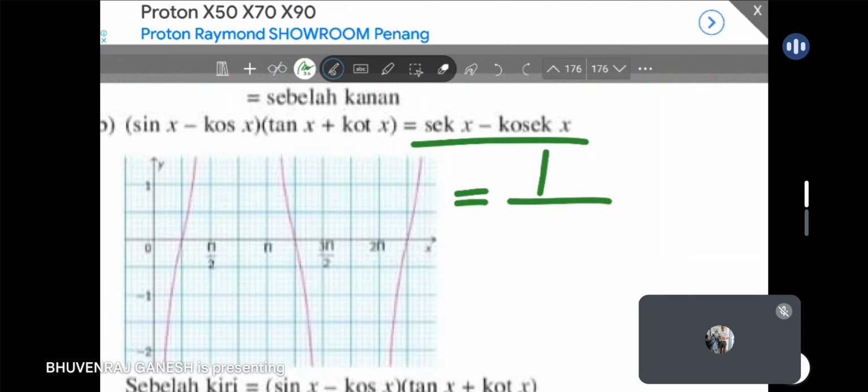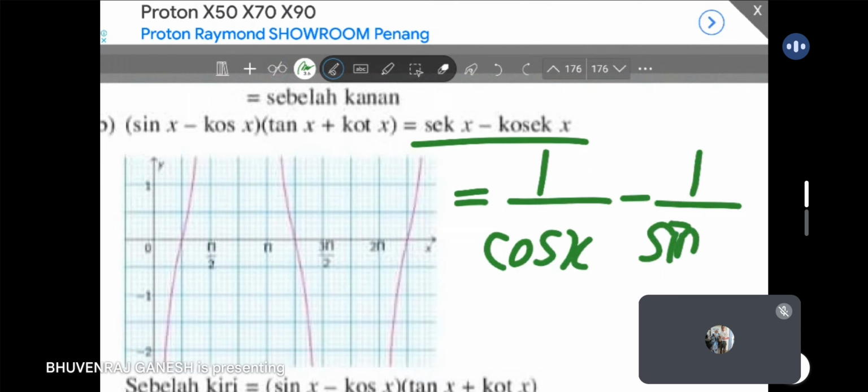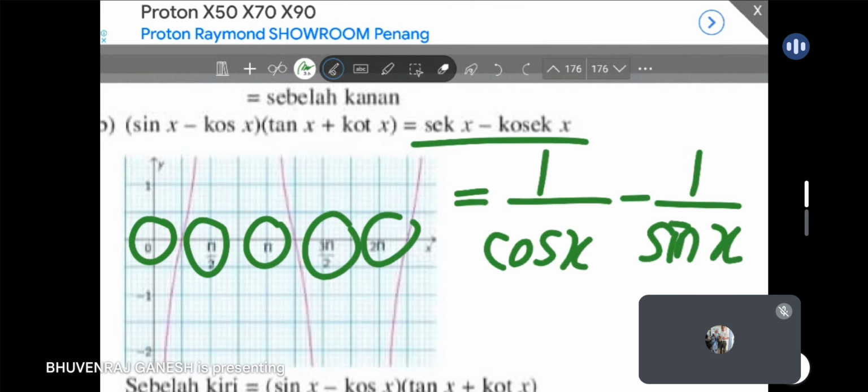Okay, and then plot the table. So you know secant x is 1 over cos x, right? And then minus 1 over sin x. So you can again just substitute all the basic angles, gantikan sudut-sudut asas, into the formula. And then you can count the y value and plot the graph.